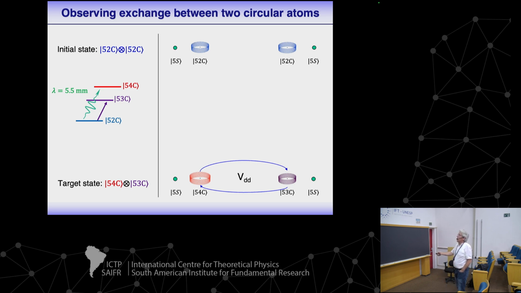So basically, in the experiment, we prepare as initial state the 54 circular level together with the 53 circular level for a second circular atom, placed like 20 to 30 micrometers with respect to each other, and each of these circular atoms has a probe in the neighborhood. And so it gives you an idea of the structure of the simulator we plan to build. Each circular atom will be associated with one or eventually several probes, which can be used at different times to measure this atom, that atom, or both at the same time.